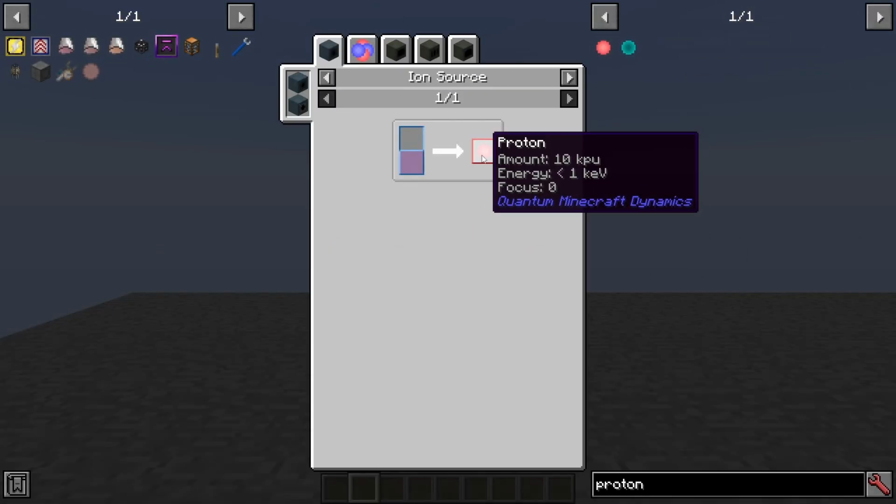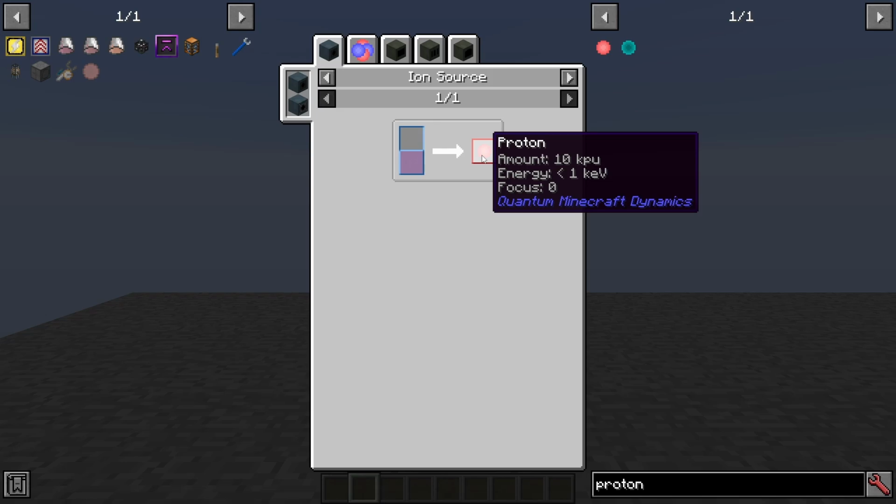If the beam's focus becomes negative, that means the particles are too scattered to form a beam and therefore there's no beam. A standard 10 kPu per tick beam loses 0.04 focus per block, or in other words, 1 focus every 25 blocks. All recipes require a positive focus, but some recipes require a higher focus in order to happen, like the one we'll be doing at the end of this lesson.